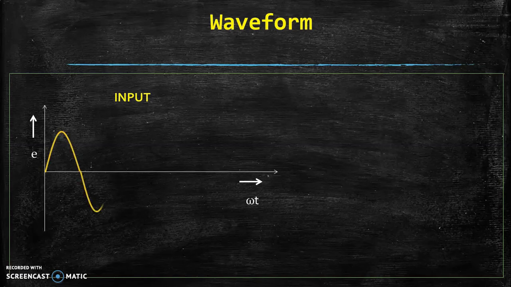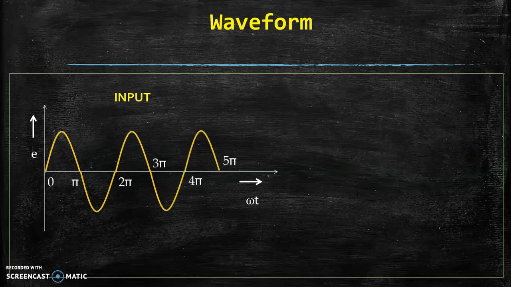We have positive half cycle as well as a negative half cycle, and we have 0, pi, 2 pi, 3 pi, 4 pi, 5 pi, that is our angular frequency. So this is our input AC, positive as well as negative half cycles. Now conduction through the diode is possible only during the positive half cycle.